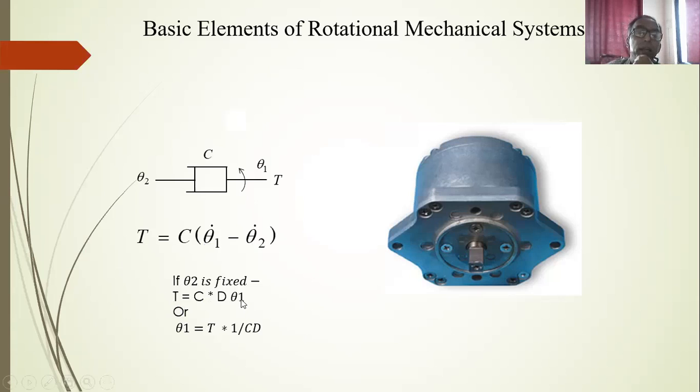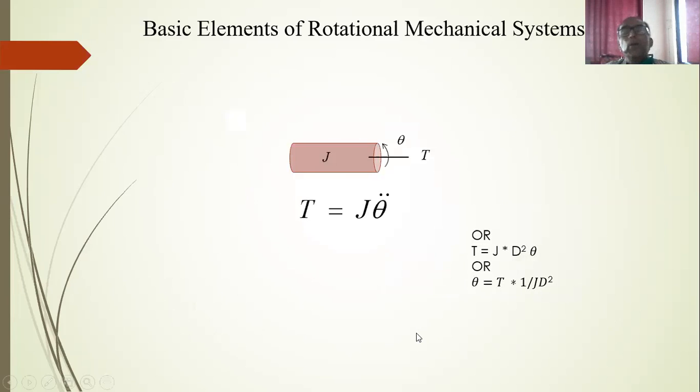If I solve it for theta 1, it will be T into 1 by CD. So how do I write the block diagram for this torsional damper? Input will be torque T. I show an arrow. Then a rectangular box with 1 upon CD inside, and the output arrow shows theta 1. That is my block diagram representation for the torsional or rotational damper.